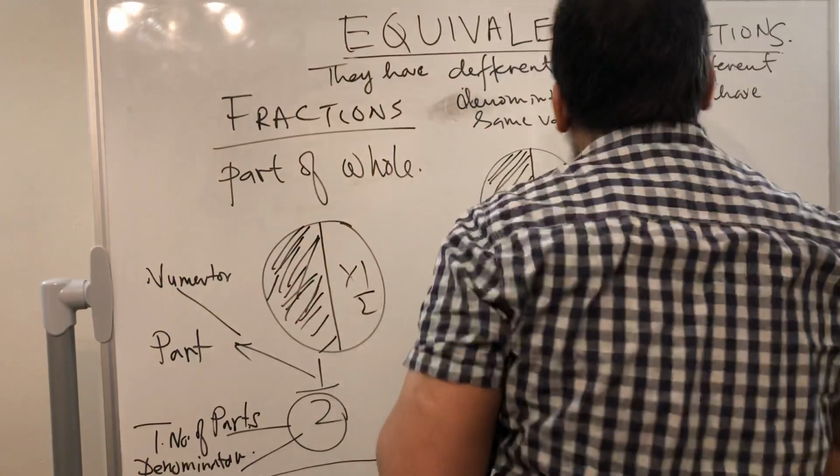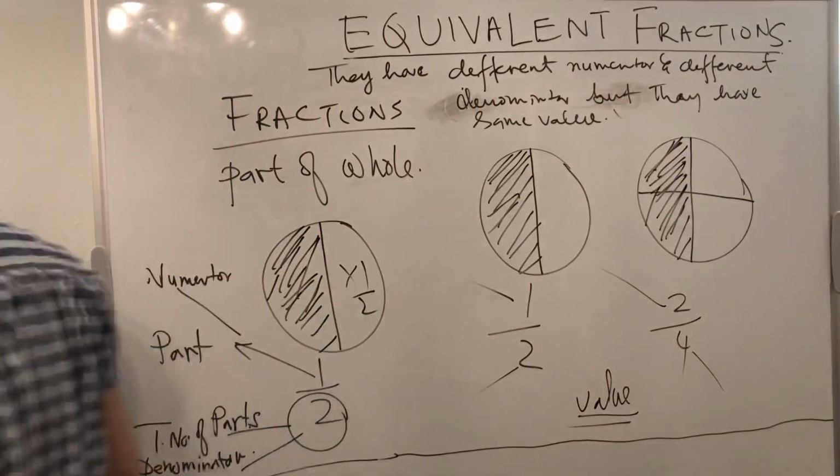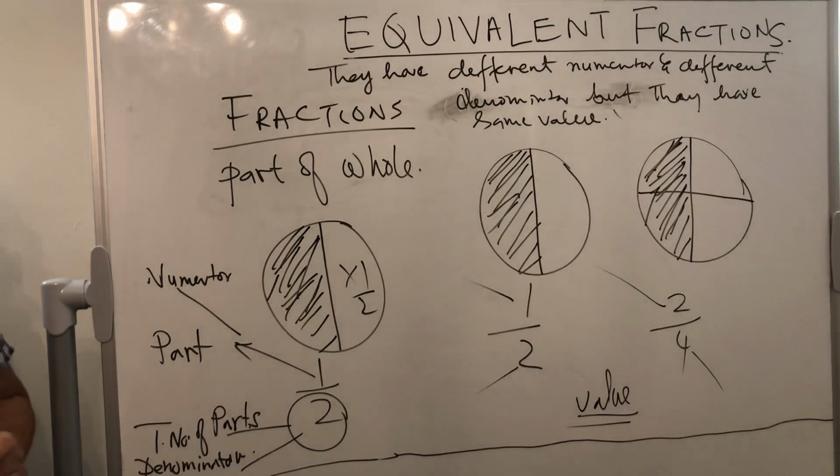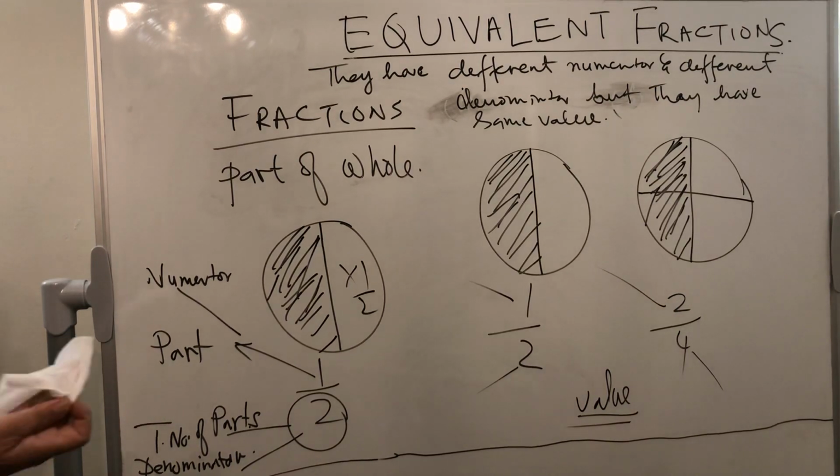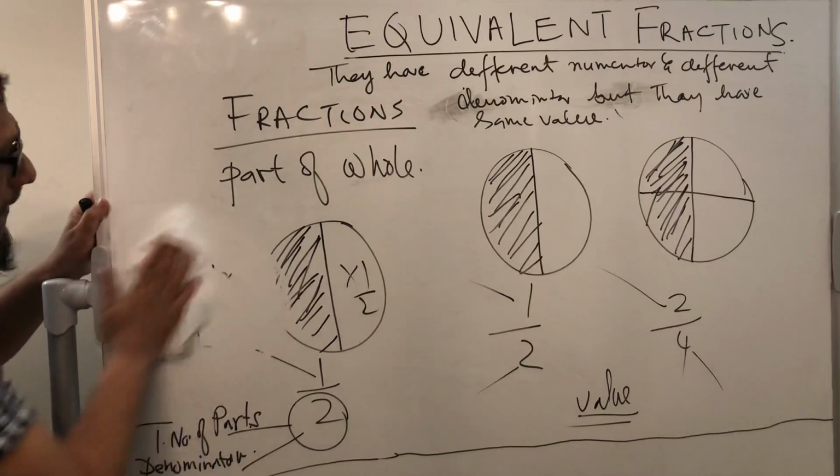The value is the same, but the numbers are different, which is called an equivalent fraction. Now I'm going to discuss how we can solve equivalent fractions.